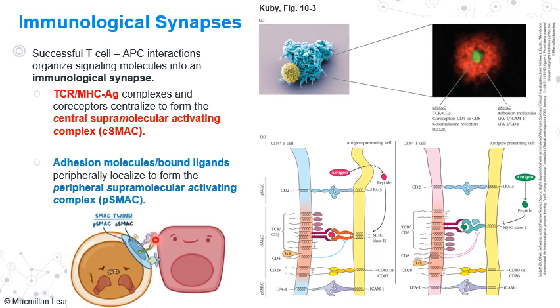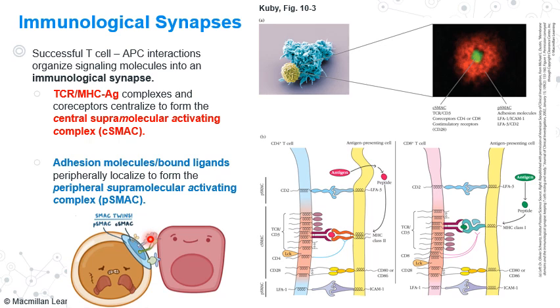Okay, so here's the first interaction, and that's going to be the second interaction. Now, look what is happening here. At the site where you have these interactions, when you have your MHC molecule with antigen interacting with a T cell, you call that site the central supramolecular activating complex.